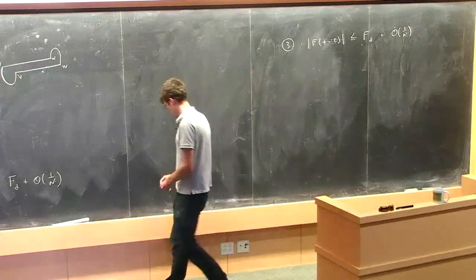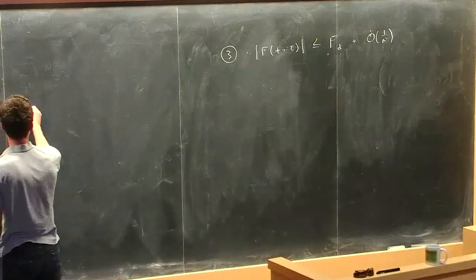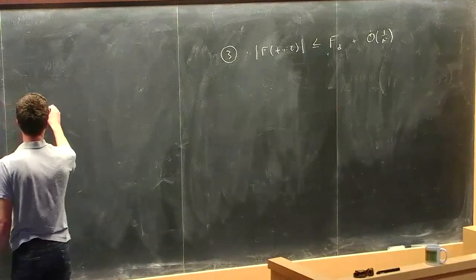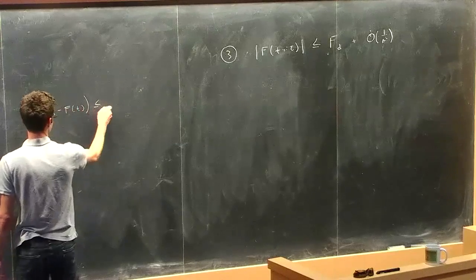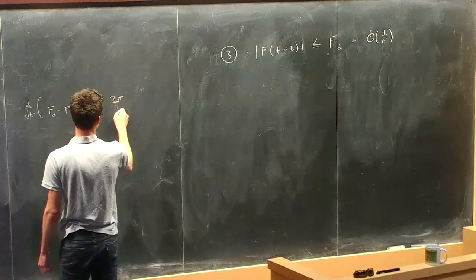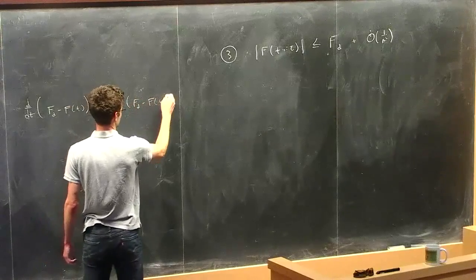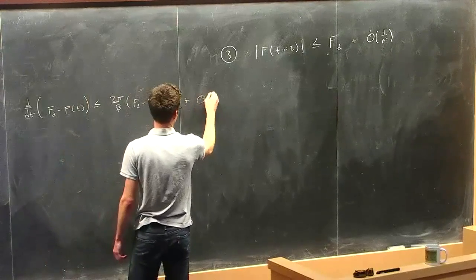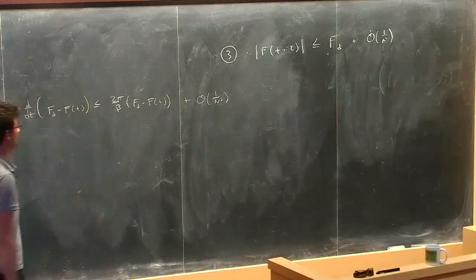We can conclude from that this Schwarz-Pick inequality holds: d/dt of f_d minus f of t is less than or equal to 2 pi over beta, times f_d minus f of t, plus, again, a uniform 1 over N squared correction.